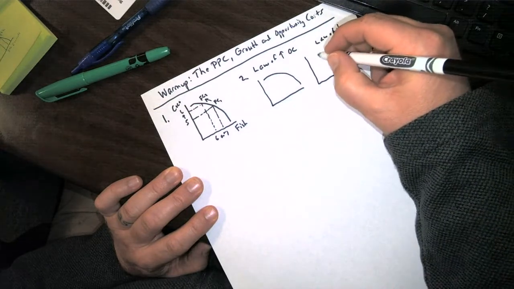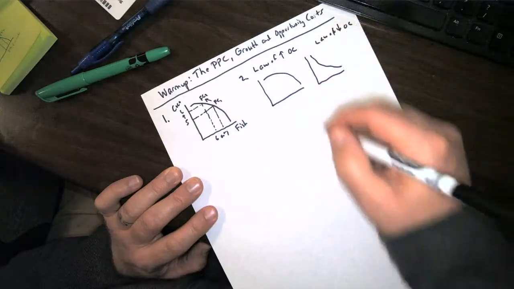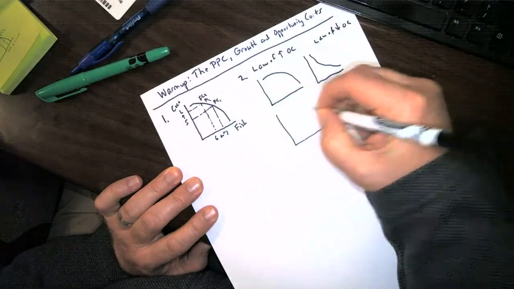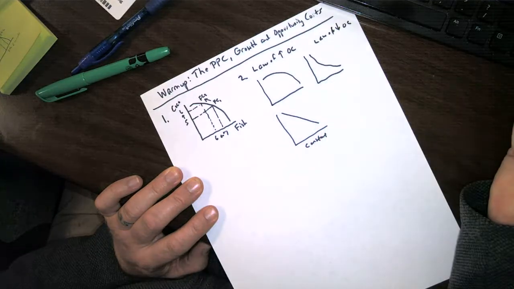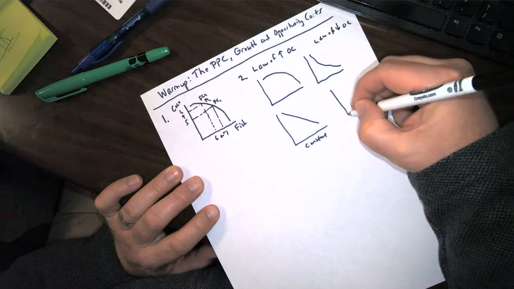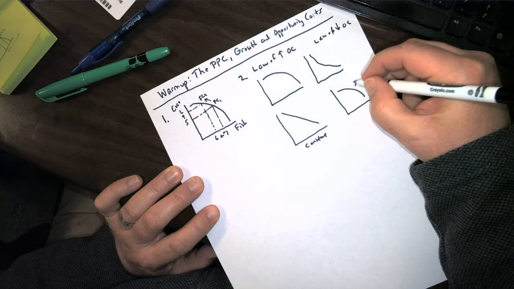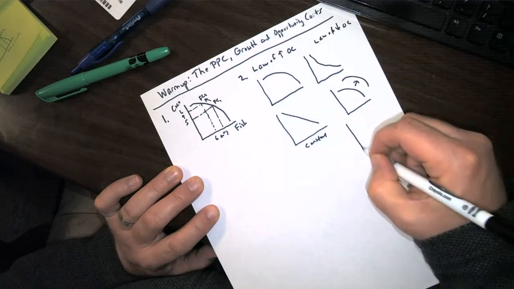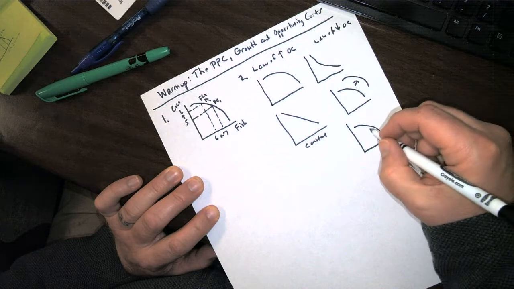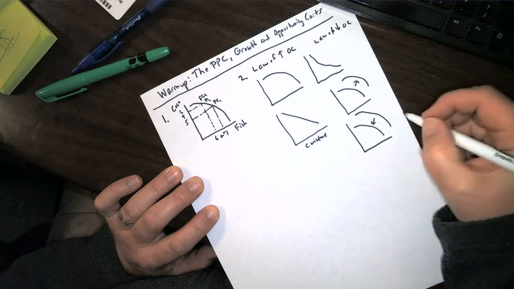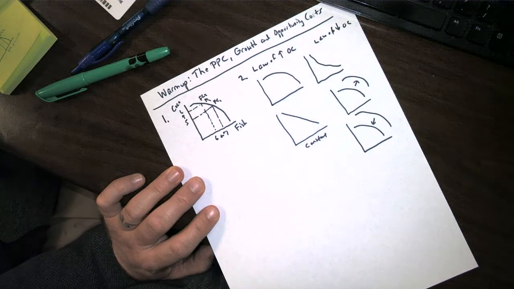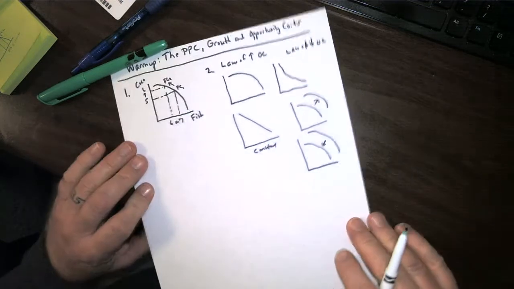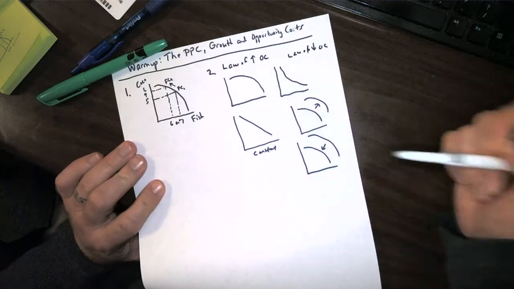That's going to be a curve that bows inward. We're going to have a constant, and that's a 1-to-1 trade-off. And we'll have growth, and we'll have the opposite of growth, which is where the curve comes back in because you lose people, resources, or technology gets worse. So that's number 2. Those are our 5 versions of the PPC.